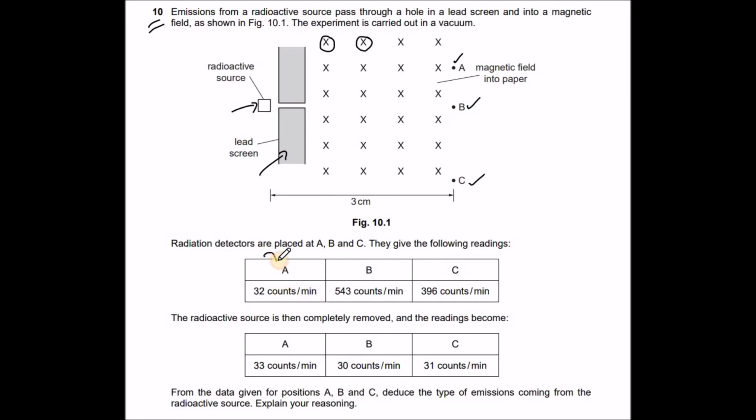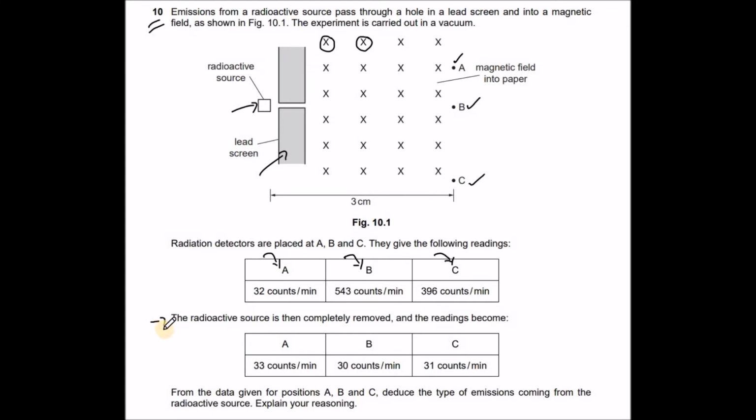Look at this one by one. When the detector is placed at position A, 32 counts per minute are recorded. At position B, the detector shows 543 counts per minute. At position C, 396 counts per minute.